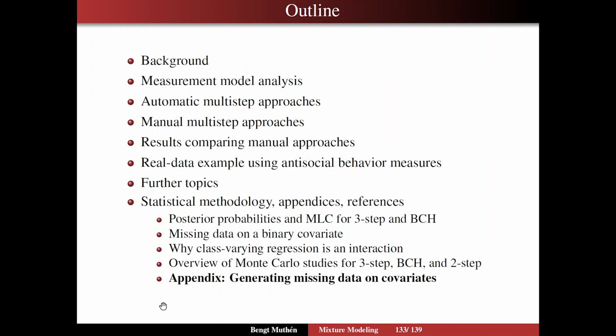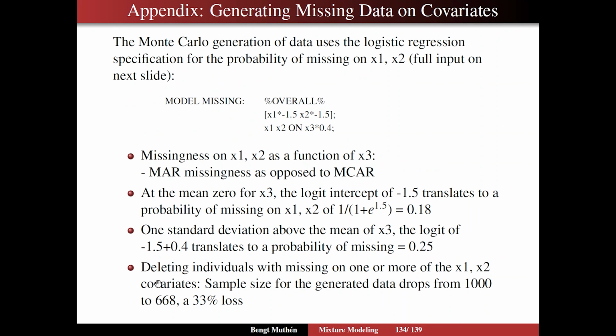Coming to the last statistical topic then, how did we generate the data, the distal.dat? Slide 134 shows the reasoning here, where in Mplus we use a logistic regression specification. The dependent variable is missing or not missing, the probability of missing on x1 and x2 as a function of x3.